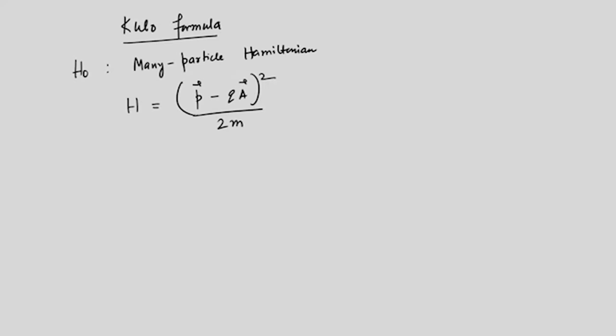If we expand this Hamiltonian, and if you want to write it specifically for the electron, then you introduce Q equal to minus e. So, this is my Hamiltonian, and now I am going to expand this.